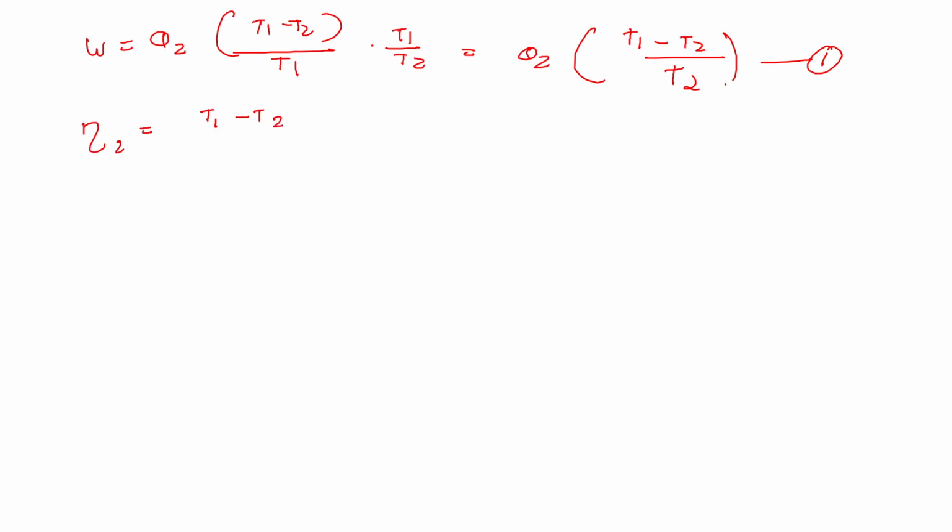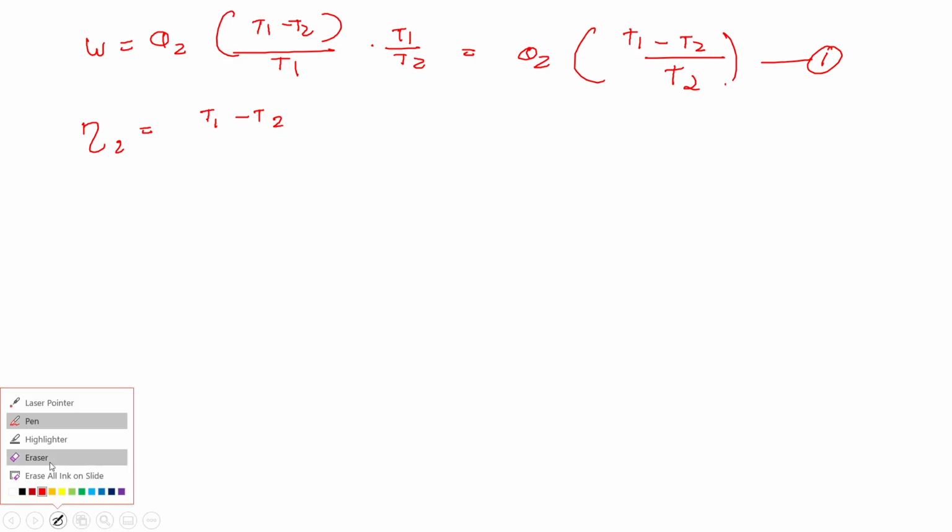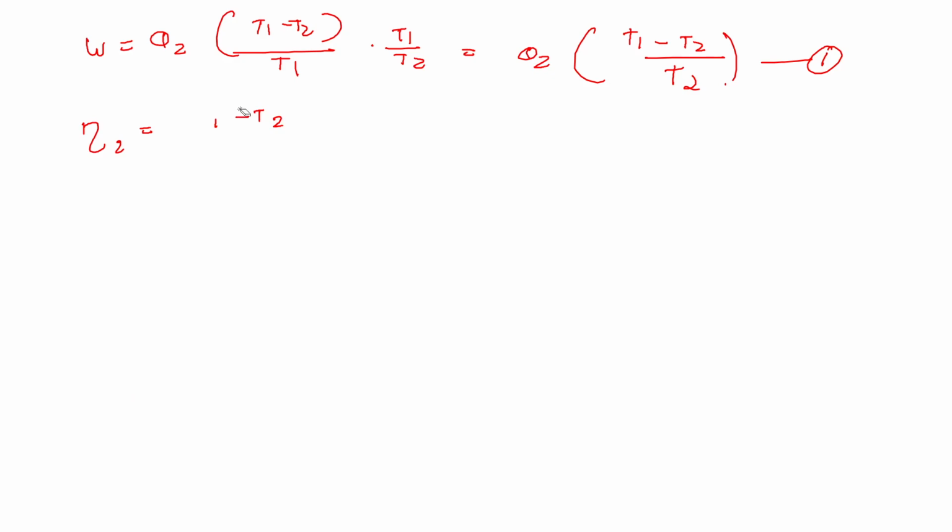In the second engine case you can write it as W divided by Q2, it will be (Q2 minus Q3) divided by Q2, that you can write as (T2 minus T3) divided by T2.